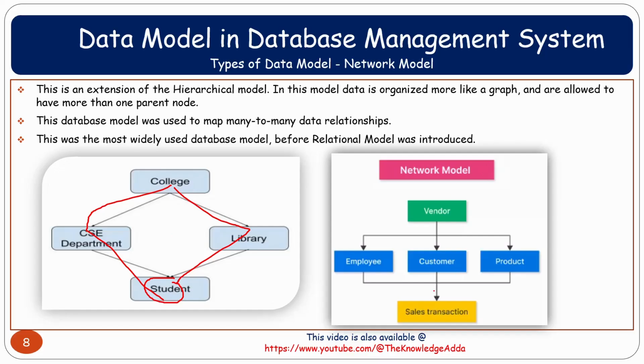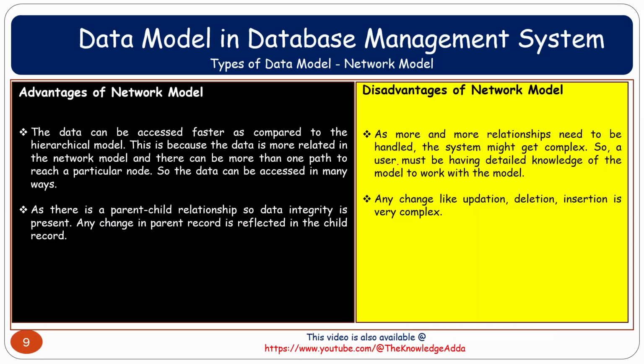Here you can see, if you want to access a transaction, from here you can access, from here also you can access. So there are multiple paths possible in the network model.